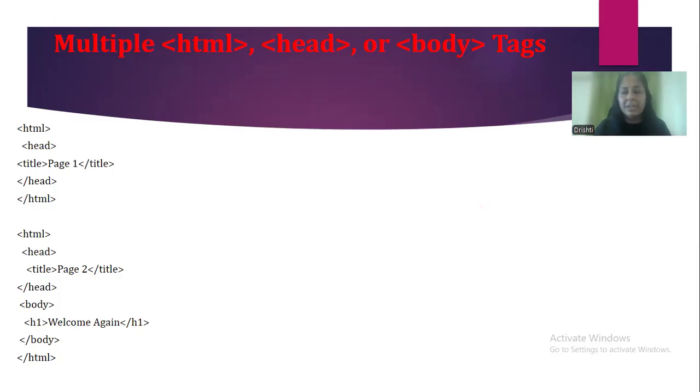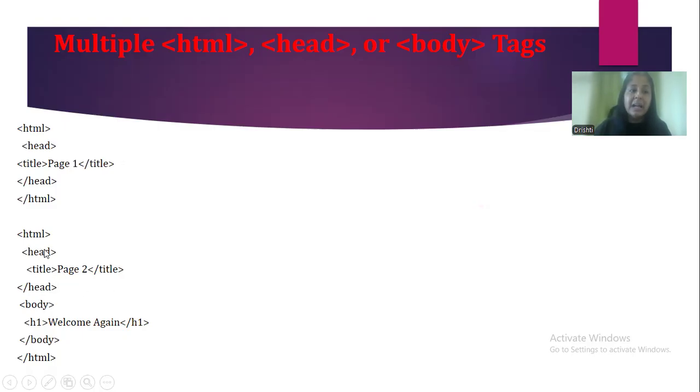Now have a look here and you people have to guess which one is the correct version. If I am going with the upper part: HTML, head, title, head close, HTML close. No doubt body is not there, but there is no kind of error. So this will give the title to the web page. That's it. There is no error. If I go with the same thing again, have a look. HTML, I have opened the head tag.